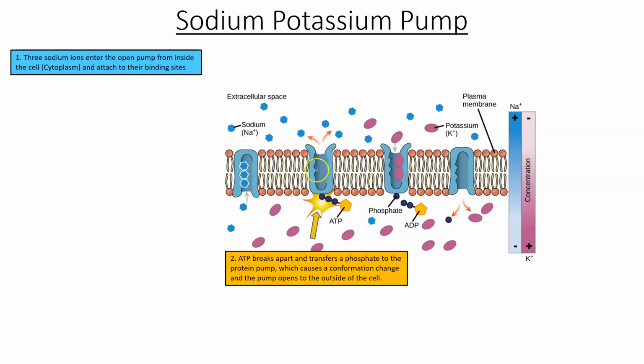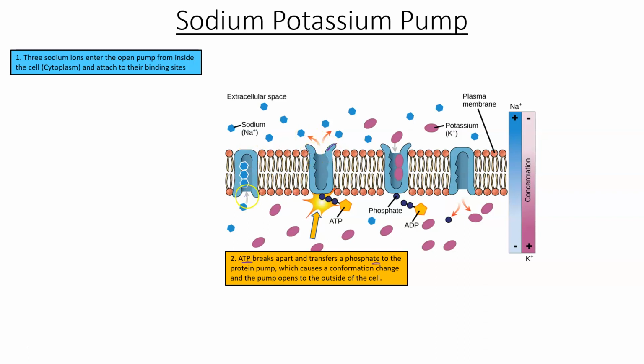Once the shape is changed, ATP breaks apart and transfers a phosphate to the actual protein. The phosphate that breaks off of this ATP, along with the energy burst that happens as the phosphate separates itself from the ATP, is going to help that protein change shape, and it causes the protein to open to the opposite side.